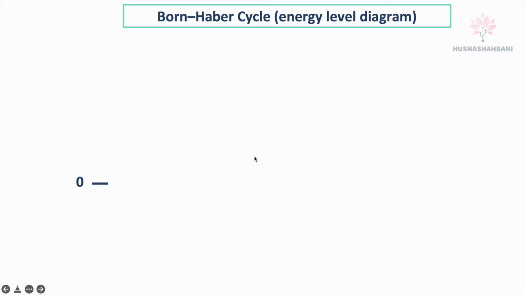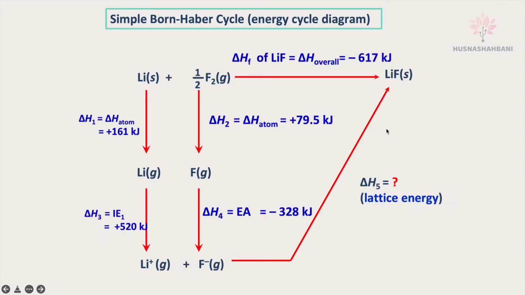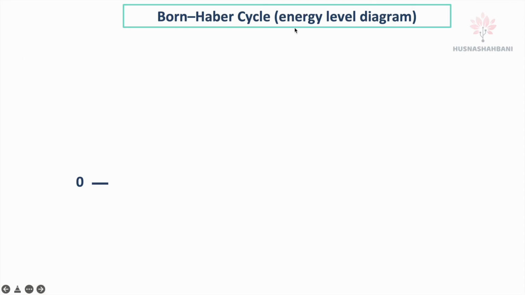So before we calculate the lattice energy value, this one is what we call energy cycle diagram for Born-Haber. If we want to draw the energy level diagram for Born-Haber, energy level has y-axis and it is labeled as enthalpy.